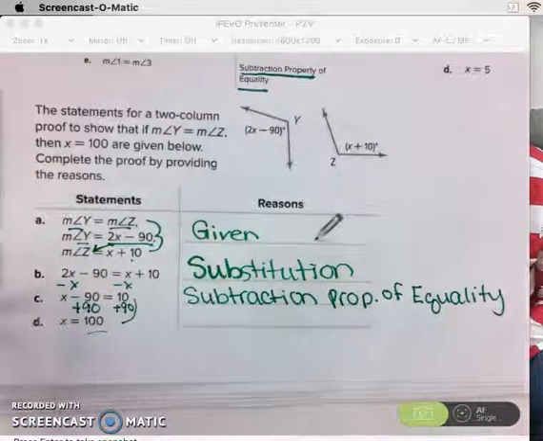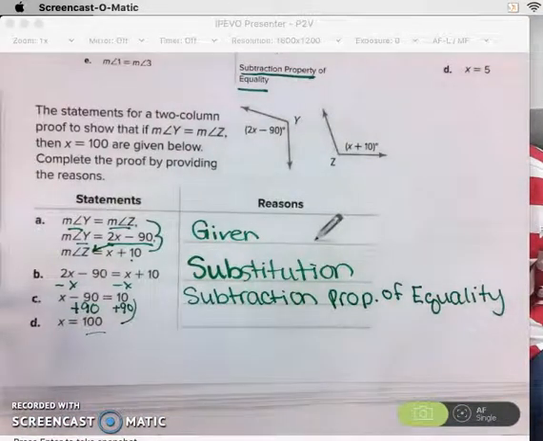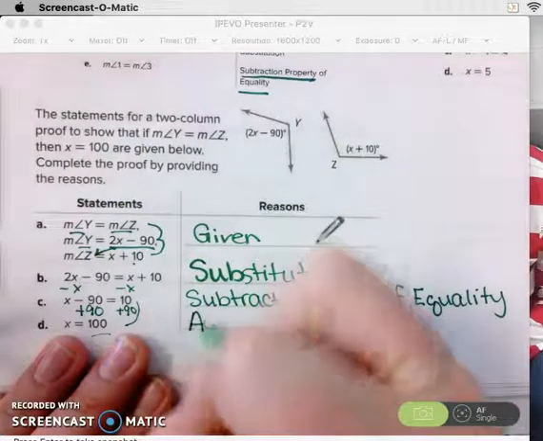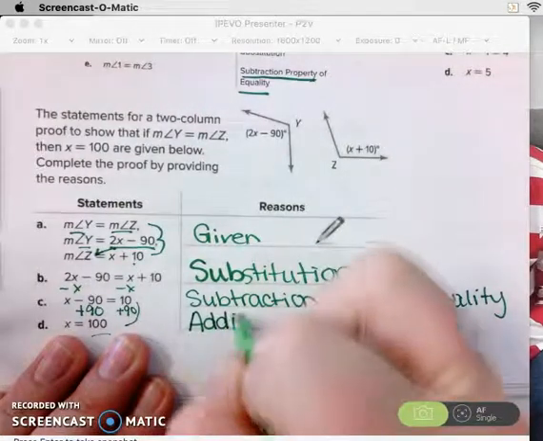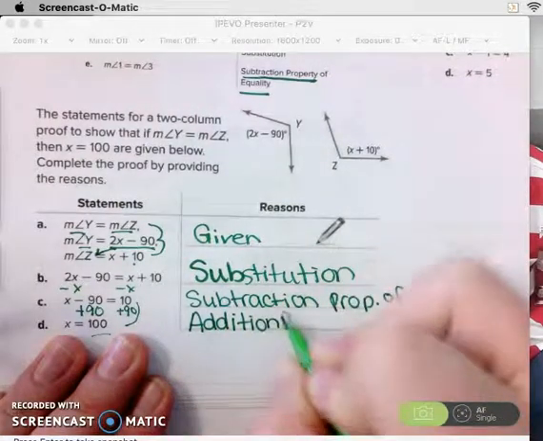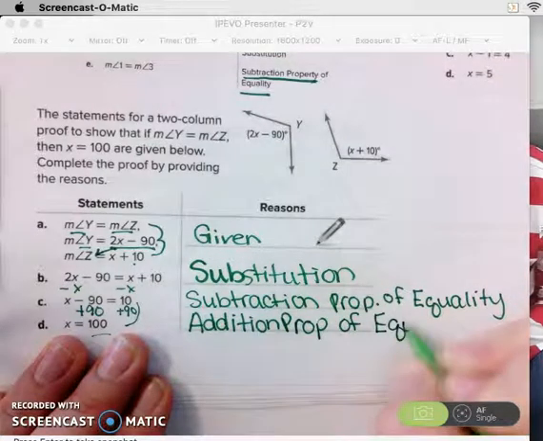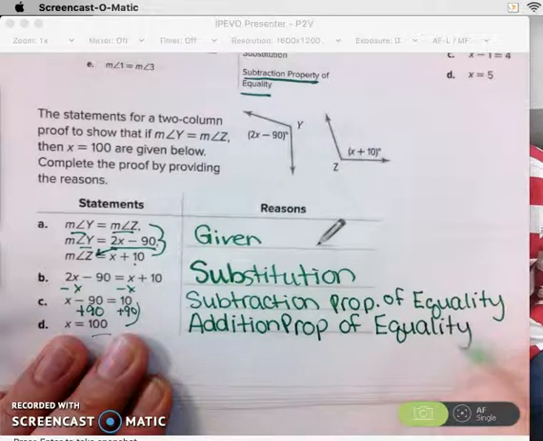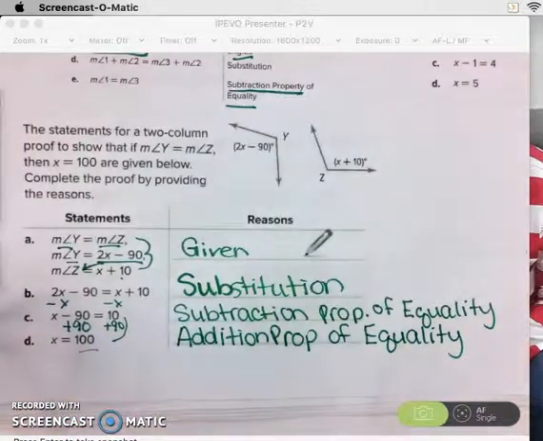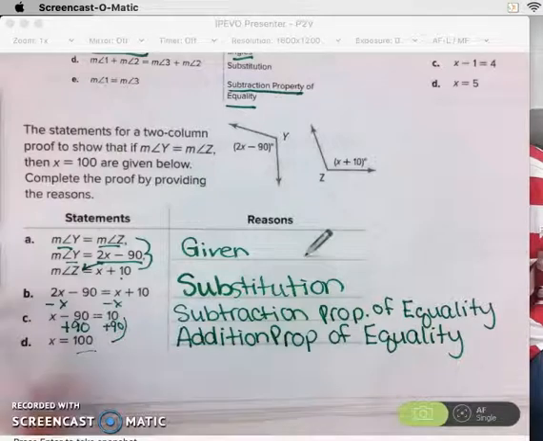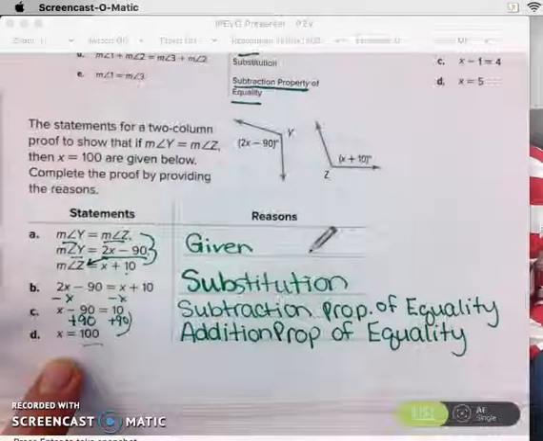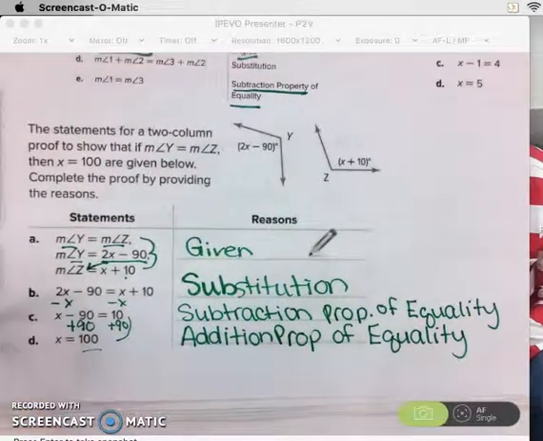So that would be my addition property of equality. We just proved that x equals 100.